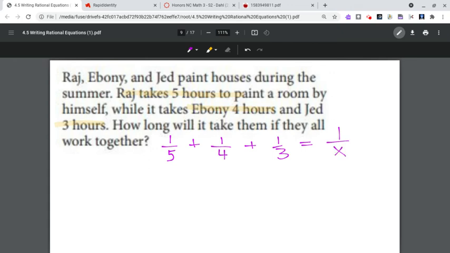Okay, now I need to find my LCD. I need something that 5, 4, 3, and x all go into. Okay, 3 is going to be the tough one. Let's use 60. Okay, let's multiply both sides by 60x.